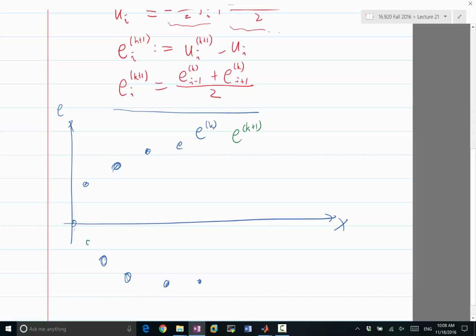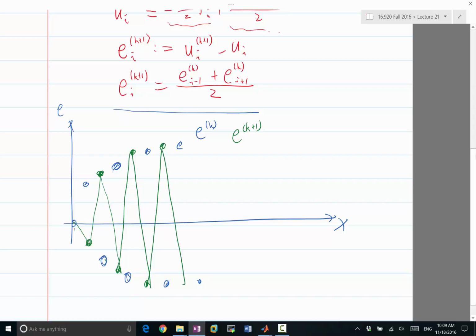So I would get here. ek plus 1 for this grid point would be here, right? So I would get an error that is going to be like this, like that. So I would get a grid by grid oscillation again in the opposite direction. Agreed?